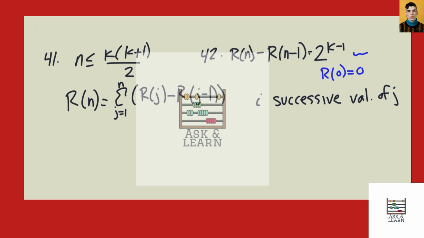And so then this sum is going to become the sum, where i is equal to 1 to k, of i times 2 to the power of i minus 1.